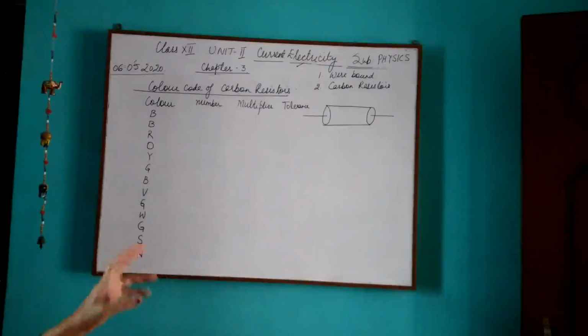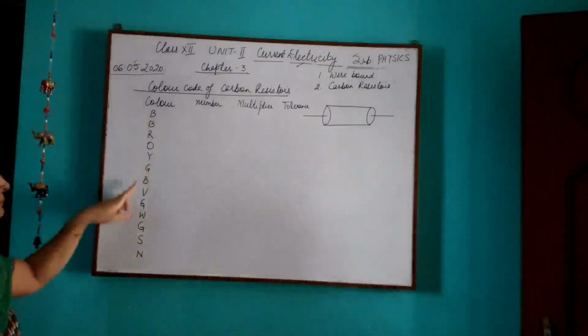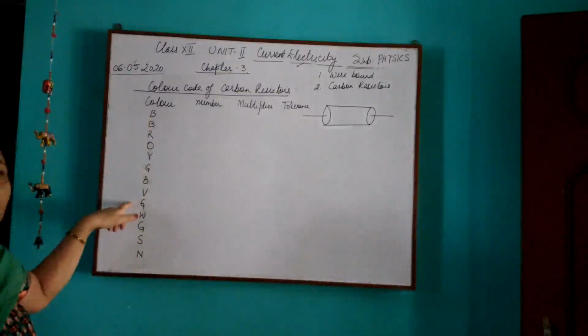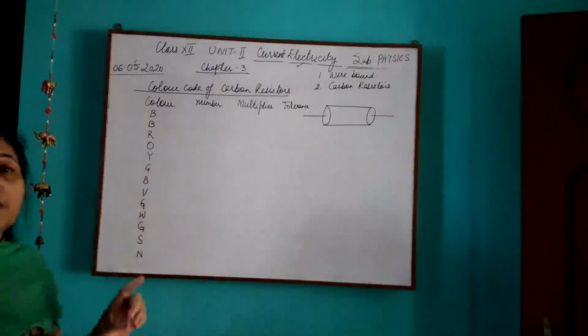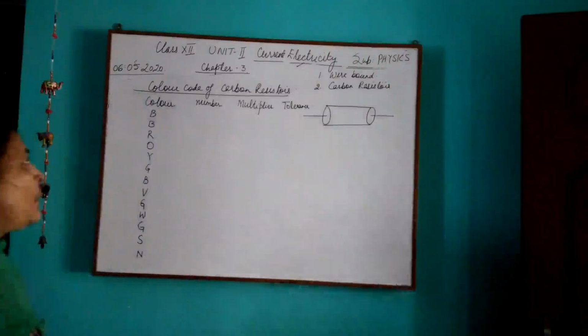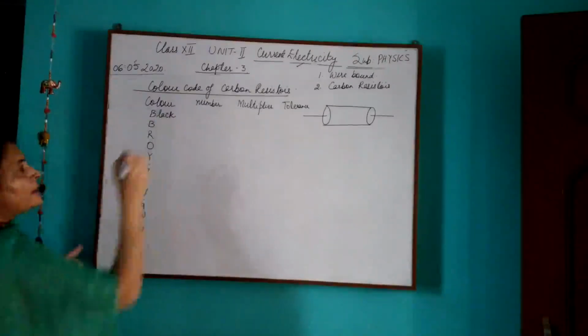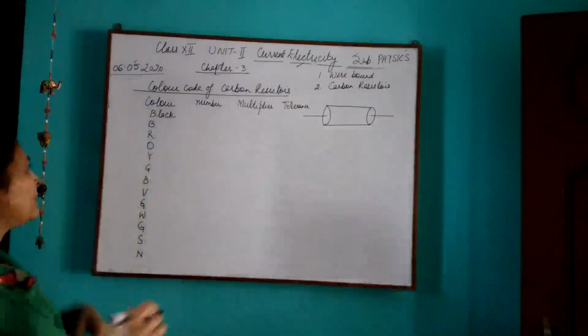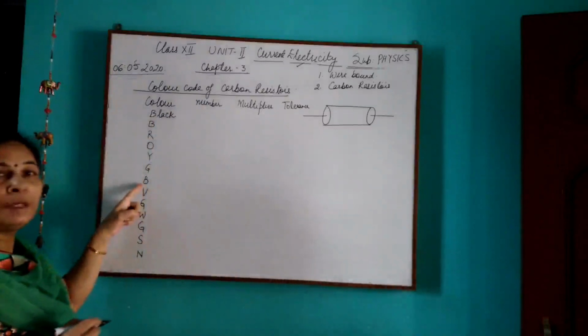Now how do you remember the color? See, B is there 3 times. So which color will come where? We'll start with the color which contains all the colors, that is black. So first color is black, and then there is one more B here.